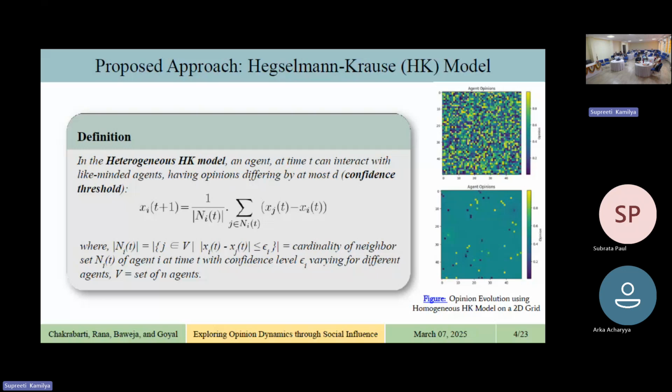If you take a look at this diagram, this is a 2D grid which considers an initial random assignment of opinions. Instead of a stochastic model, we just consider local interactions for the HK model. This is a basic starting step for our whole simulation study. You can see that most of them converge towards 0.5, which is the opinion that we consider to be neutral between 0 and 1.